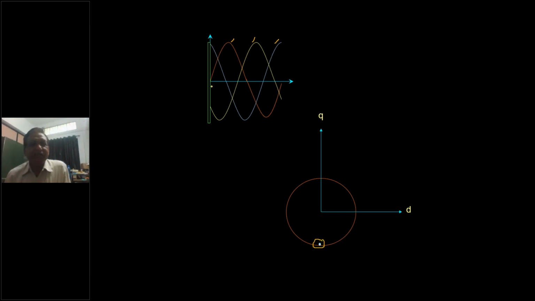As the time goes, the voltage value will change, so its position will change. Time goes along a linear axis, omega t.